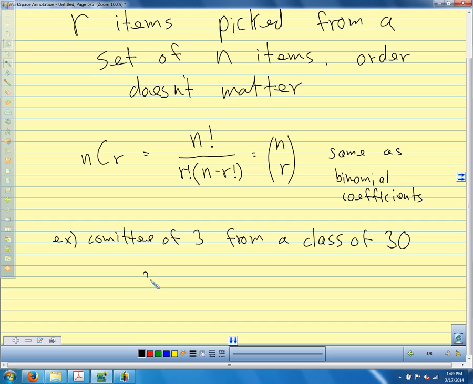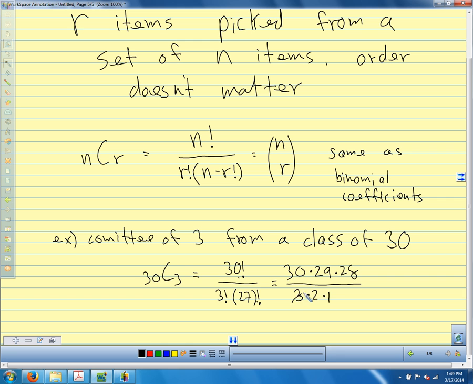So we're talking about 30C3, 30 factorial over 3 factorial times 27 factorial. And we decided this is going to be 30 times 29 times 28 divided by 3 times 2 times 1. So let's see, how can we simplify this?